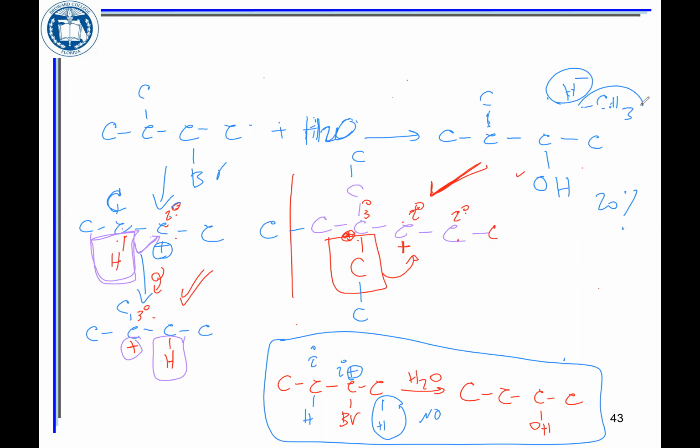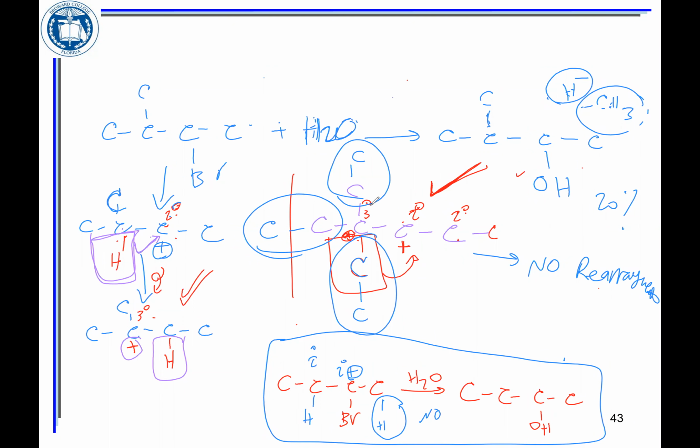So either one of these two groups. In this case there would be no rearrangement either, because you have ethyl groups attached on the neighboring carbon. There's no methyl group.